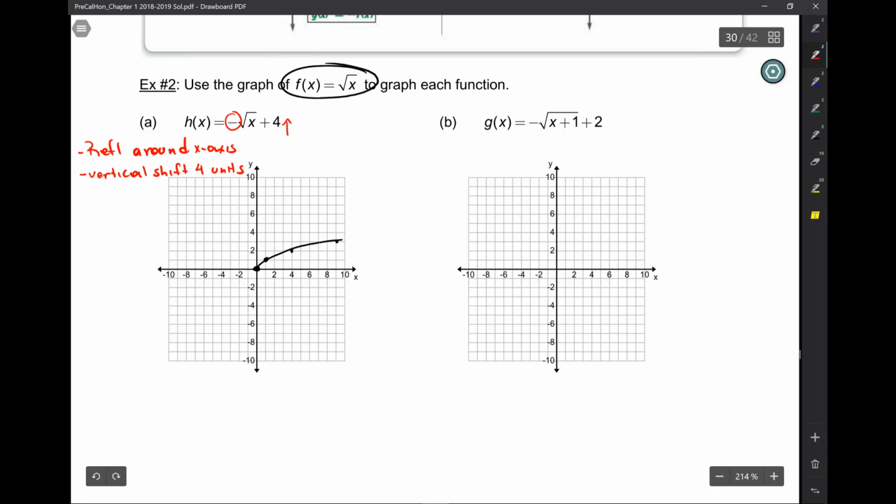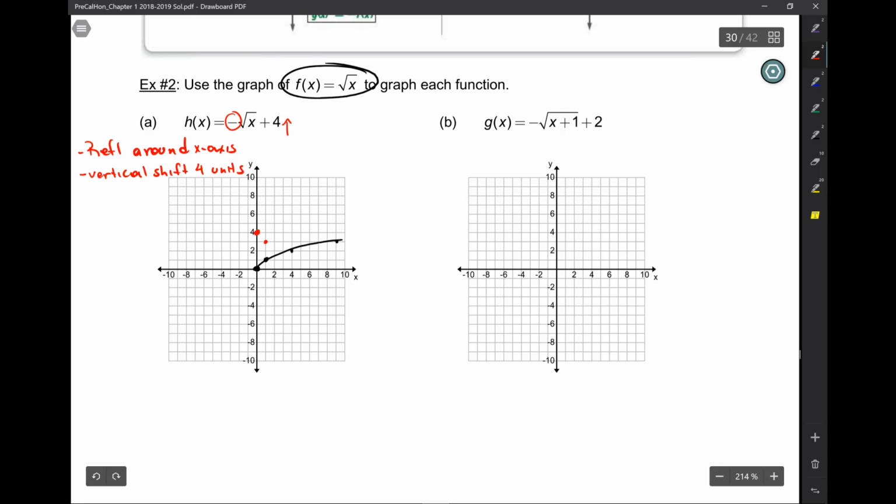Okay, so we're going up 4, 1, 2, 3, 4, so that's where we start. And now it's the same thing, if I move over 1 horizontally, I gotta move vertically 1 space, but do I go up or down? Down.